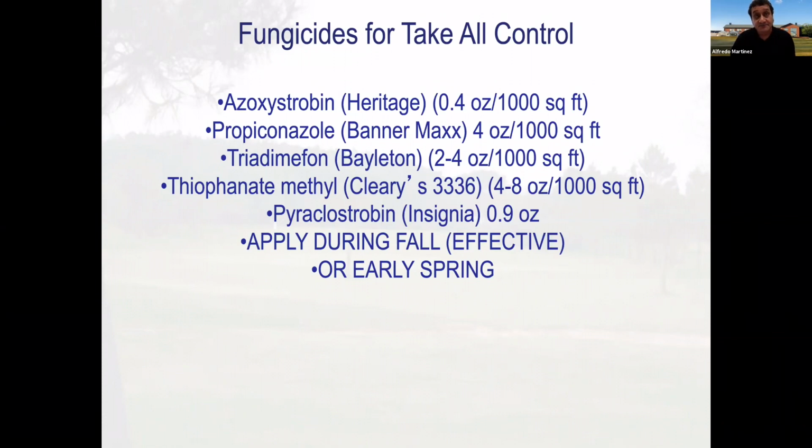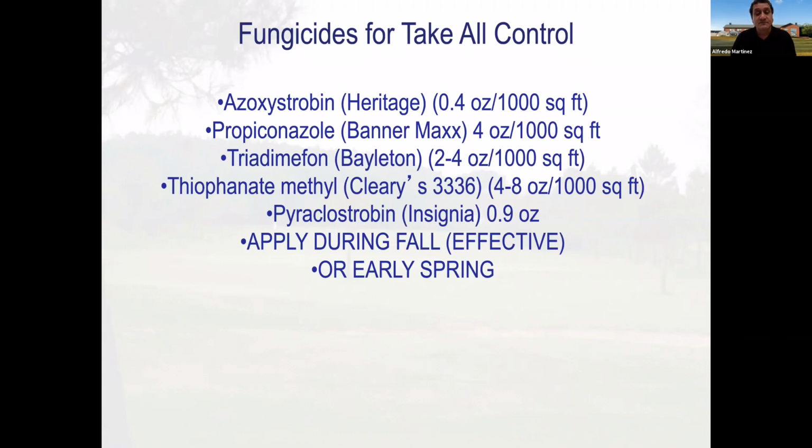The disease is more aggressive in higher soil pHs, for example above 6.4 or so, like we have in South Georgia. That's one more factor that the fungus takes advantage of.